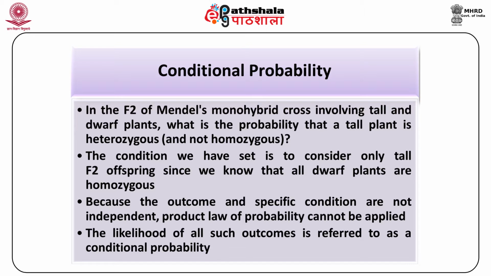The condition we have set is to consider only filial 2 offspring, that is only the tall F2 offspring, since we know that all dwarf plants are homozygous. Because the outcome and specific condition are not independent, the product law of probability cannot be applied. The likelihood of all such outcomes is referred to as conditional probability.